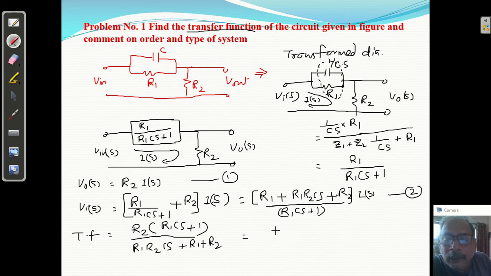Taking R1C common in the numerator, you will get R2 into R1 into C, and here S plus 1 upon R1C.